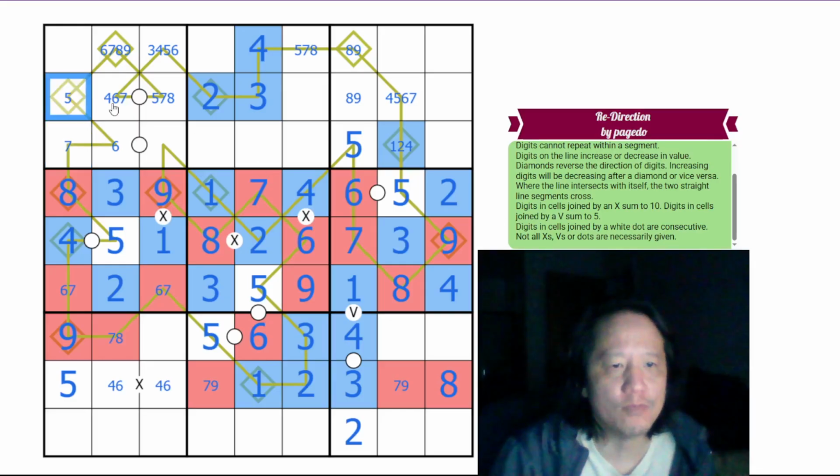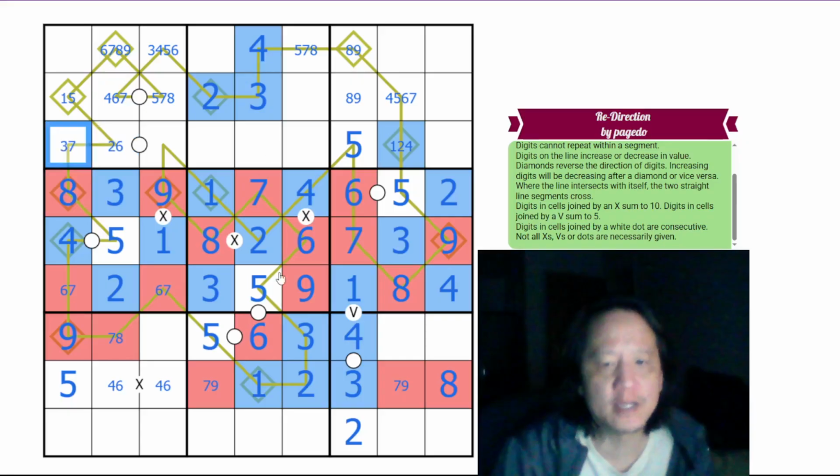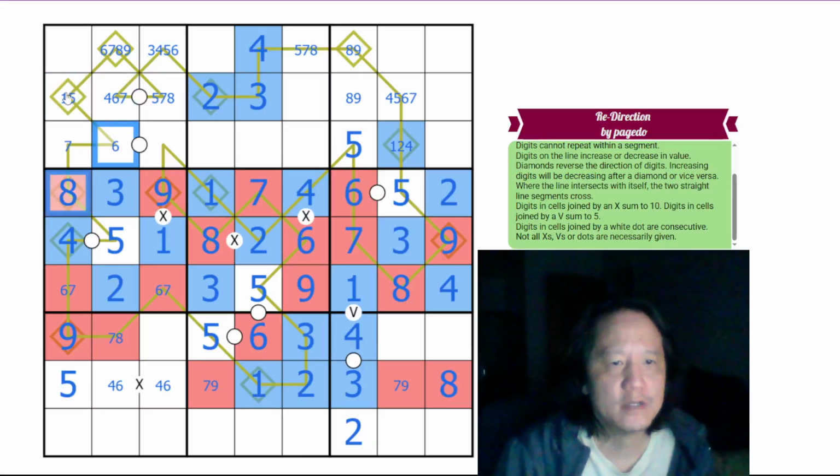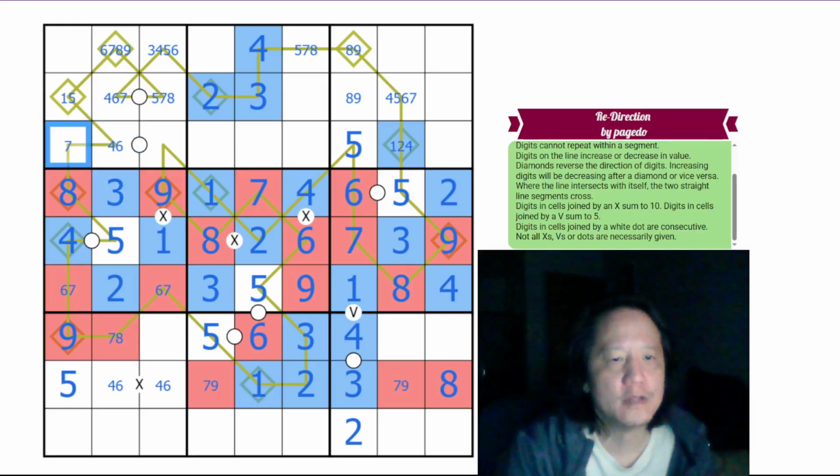It could be 1 here, though. 1, 2, and 3 is possible, but this can't be. So if it is increasing this way, it cannot be 2 or 3 here. This is at minimum 4, minimum 5, but it can't be 5 here because of 5 in the row, so this is 6 or 7 here.